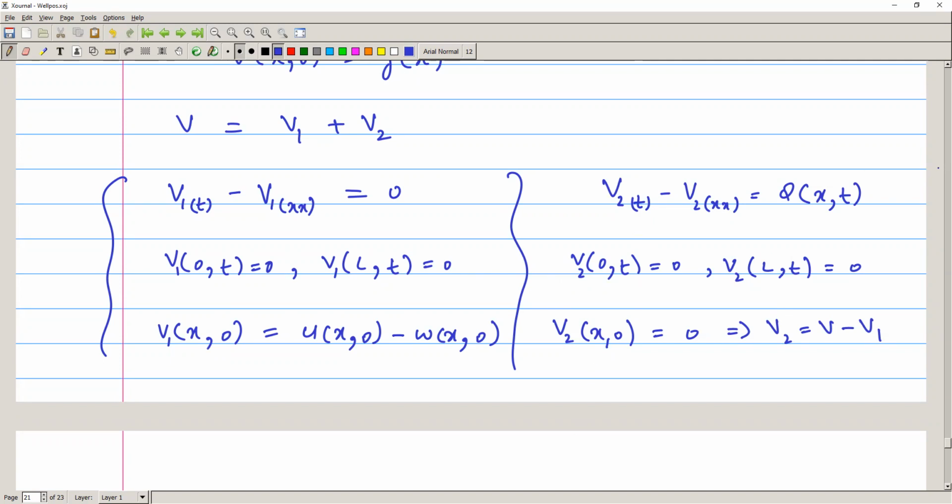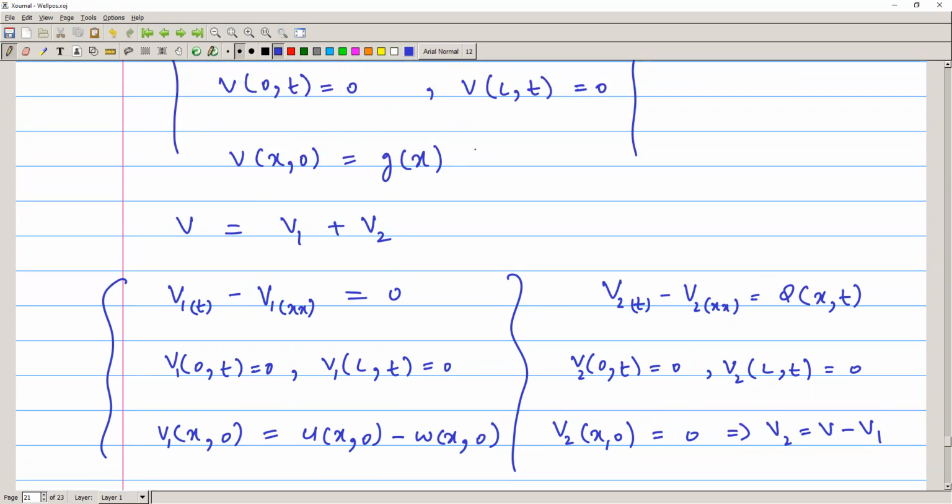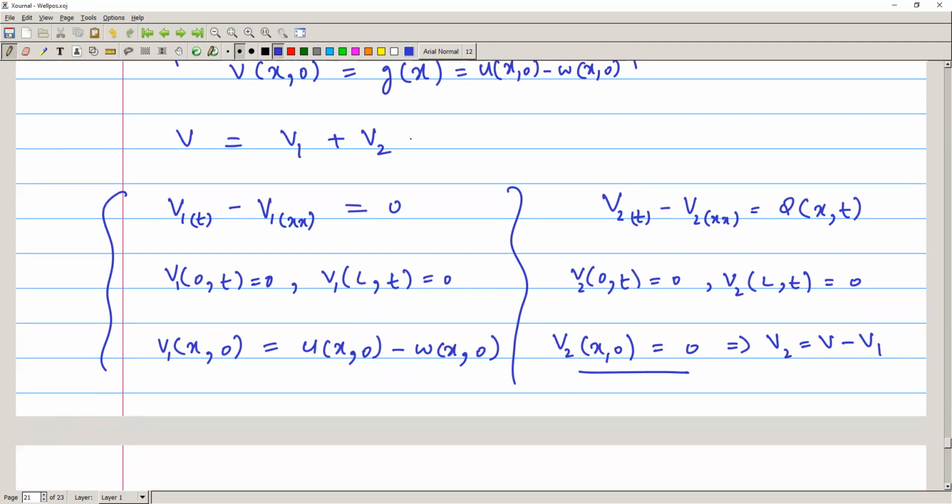Here you can see that g(x) equals u(x,0) minus w(x,0), so when we subtract v1 from it, we will get zeros. So this will always be 0. This is the second equation.